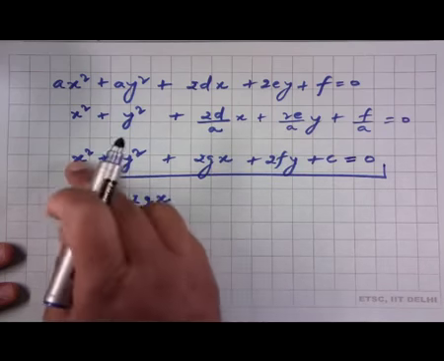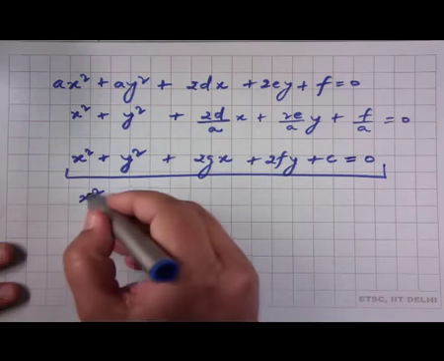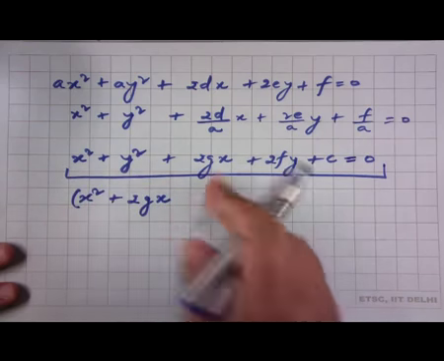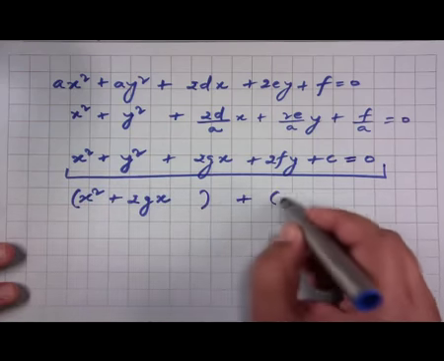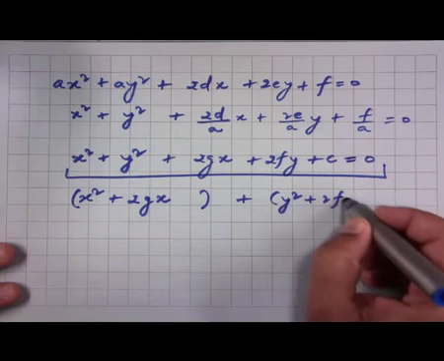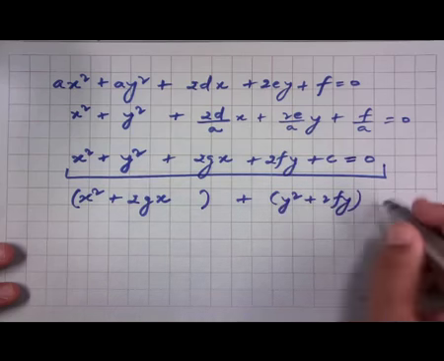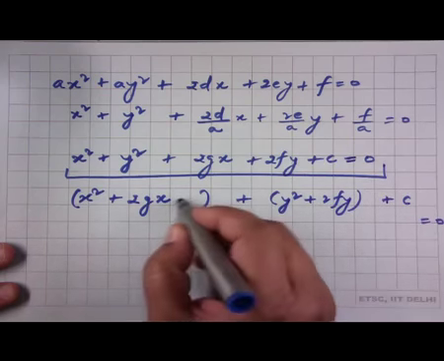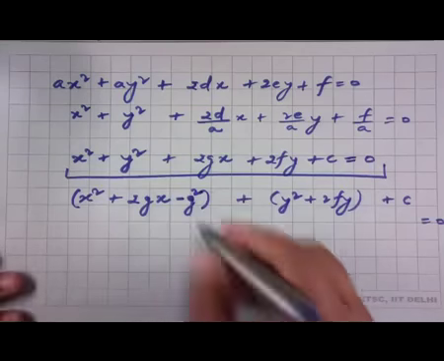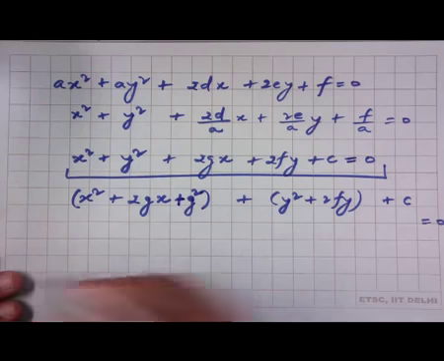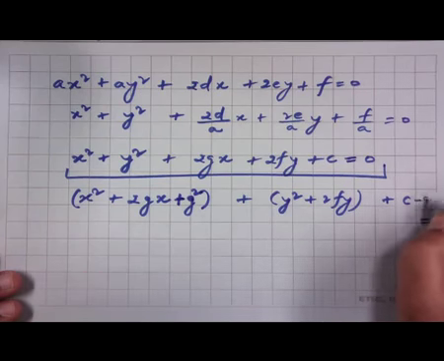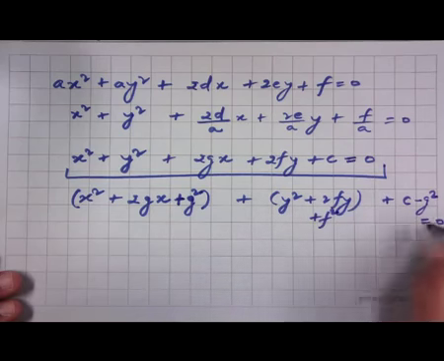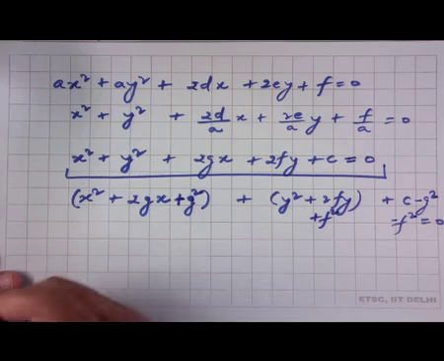So, we bring these two terms together, y square and 2fy together, and then we complete the square. We put a plus g square and a minus g square. We put a plus f square and a minus f square.